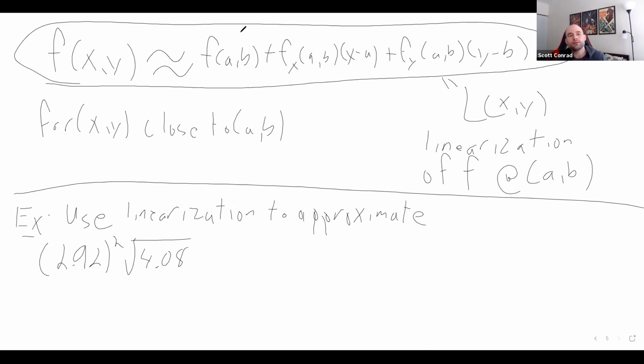It's not immediately obvious what to do because we're not given a function. We're not given an a and b. So we're going to have to figure out for ourselves what we want our function to be and what we want our point AB to be that we're going to be linearizing at.